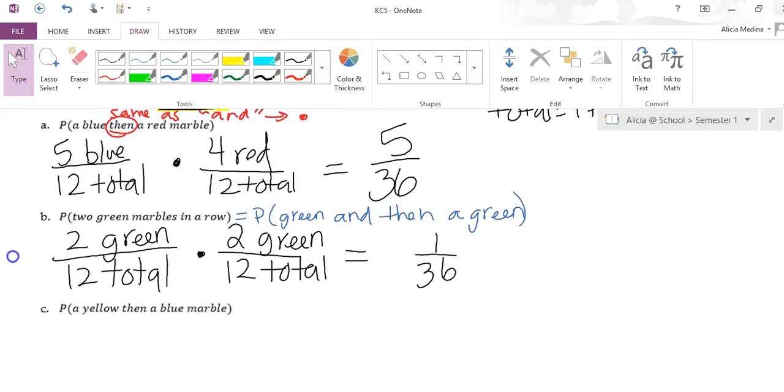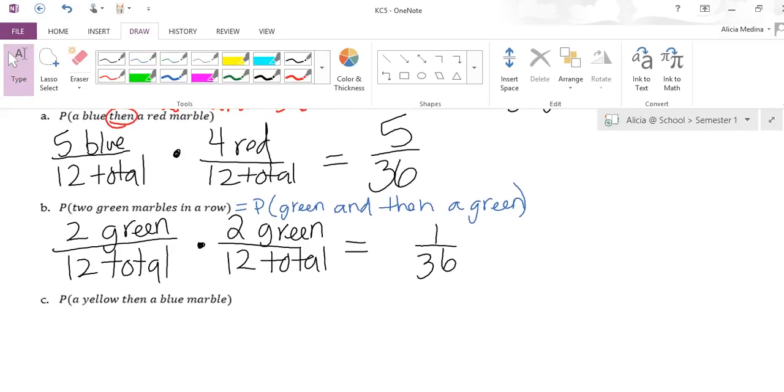All right, so last example here on this question is the probability of a yellow and then a blue marble. So looking up at the top, how many yellows did we have? So we had 1 yellow, still over our 12 total. Then means multiply, right?